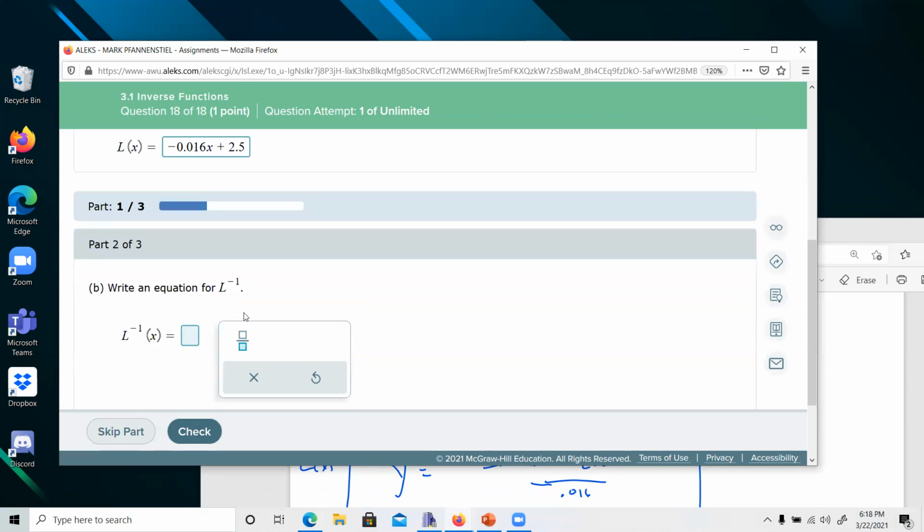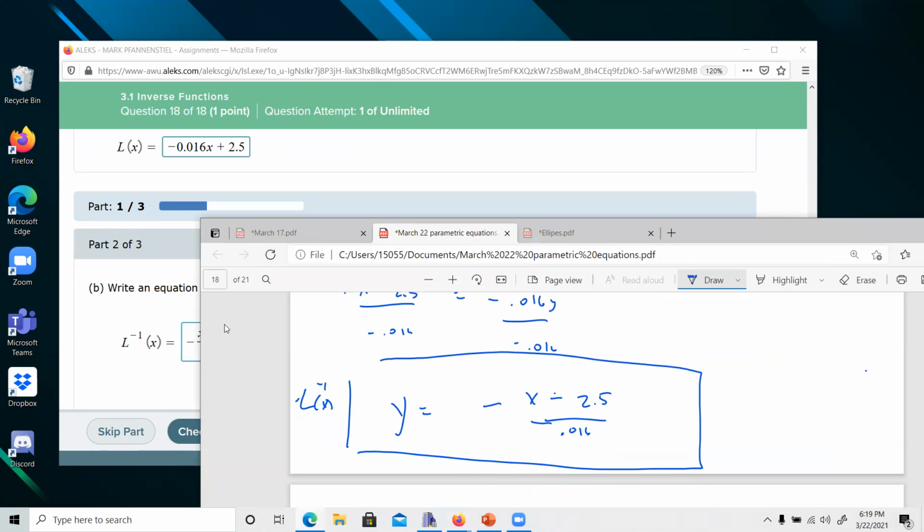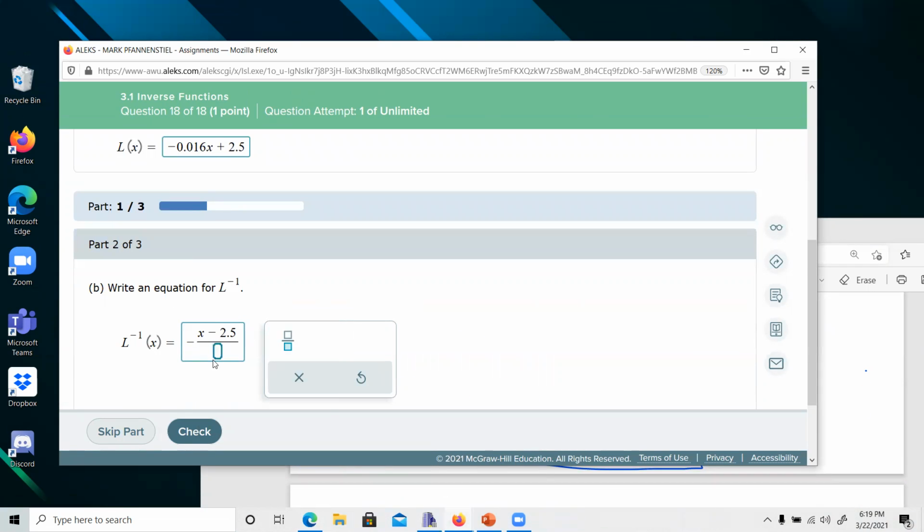All right, write an equation for L inverse. Okay, so that was going to be negative x minus 2.5. It's 2.5, right? Divided by 0.016. Let's see if it will let me get away with it.